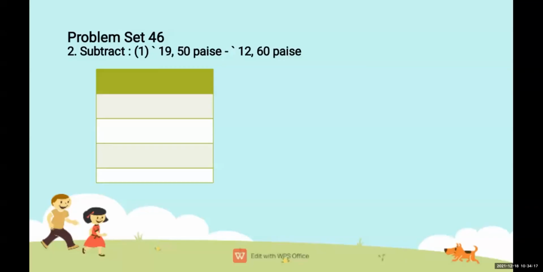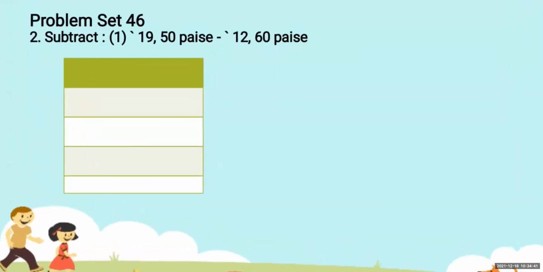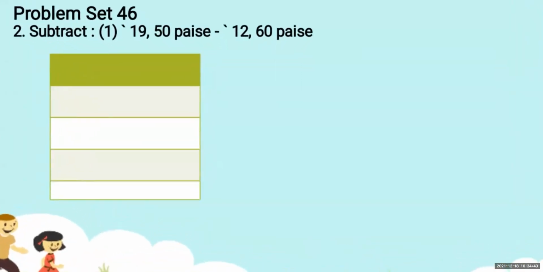Now problem set 46, question number 2. First question is rupees 19.50 paise minus rupees 12.60 paise. See here, the question is 19 rupees 50 paise and 12 rupees 60 paise has to be subtracted. Things don't change, only we have to write down all the things in the table, then we have to solve it.